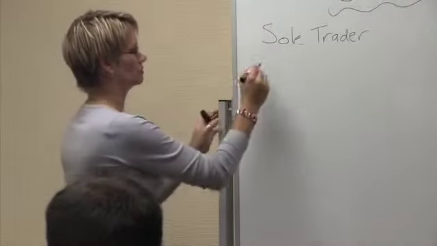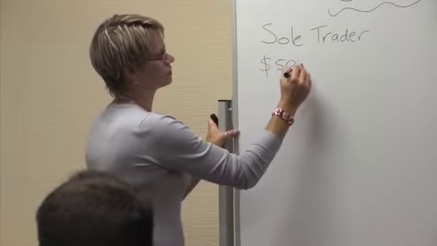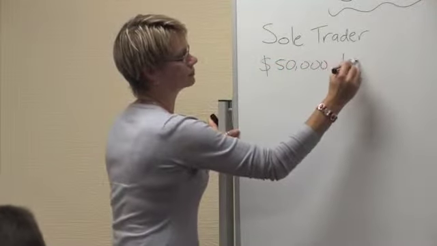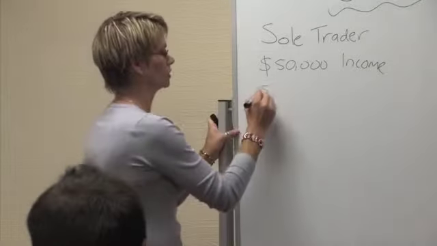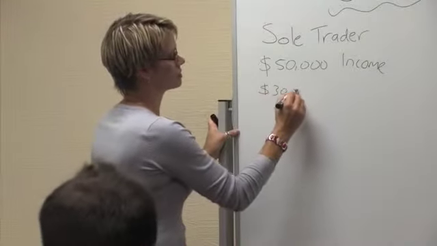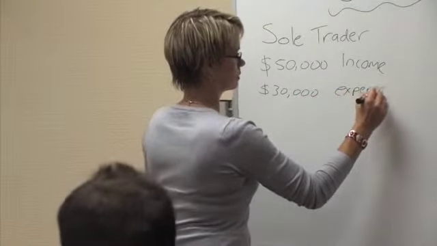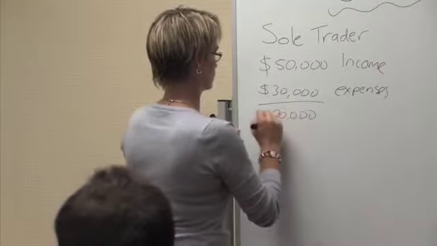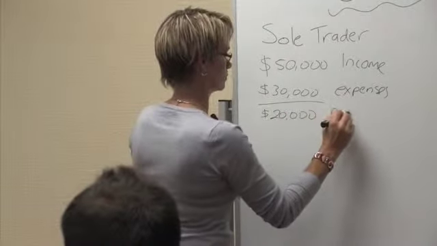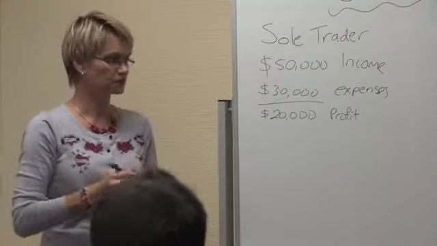So they might make 50,000 income, and they might have 30,000 of expenses, so that'll leave them with 20,000 worth of profit.